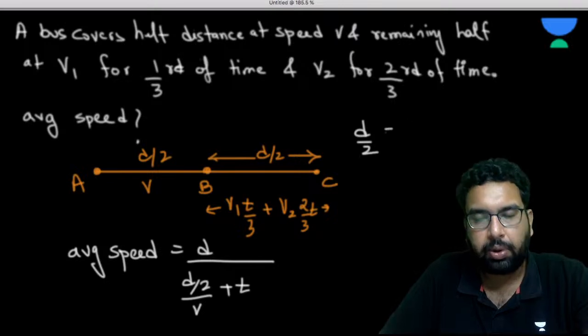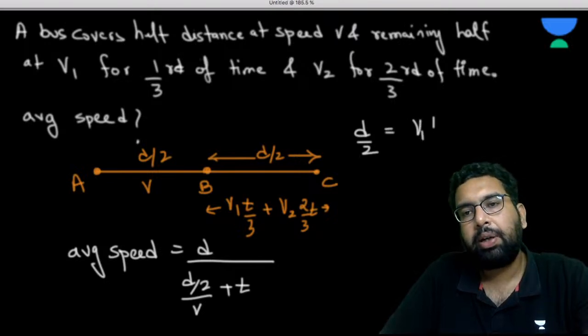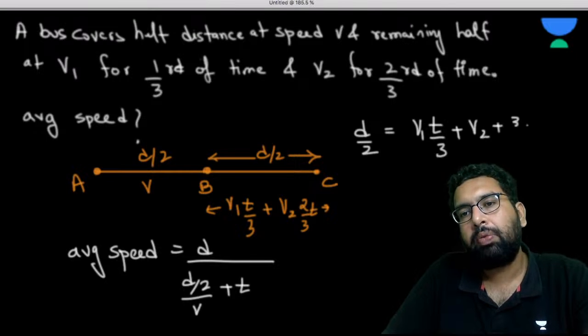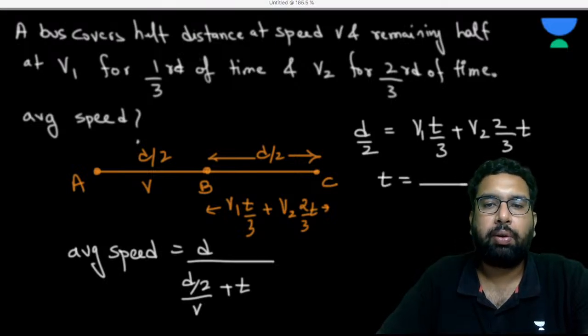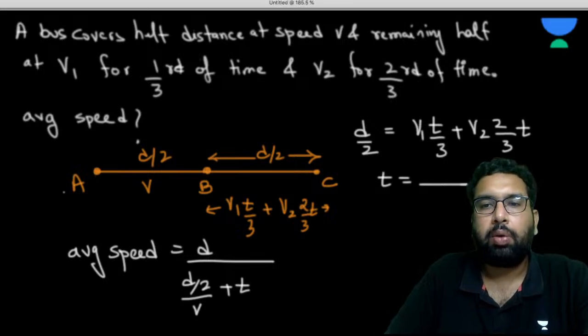So d by 2 is equal to v1 t by 3 plus v2 times 2 by 3 of t. So from here you can get the value of t, right? Now you are going to get the value of t in terms of d.